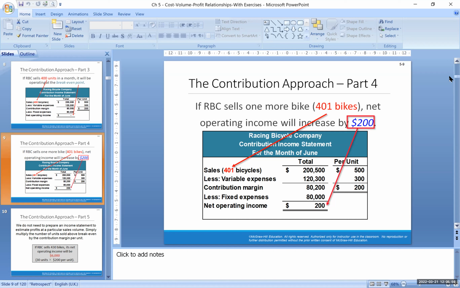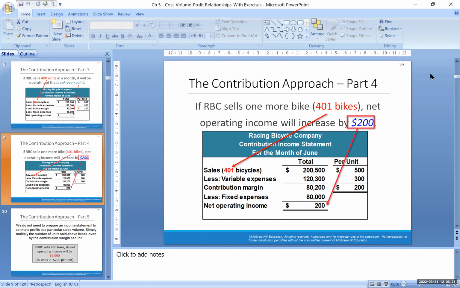After that we can calculate the profit for the total units sold by preparing the income statement. But we do have a short method to calculate the profit recognized from the 401.